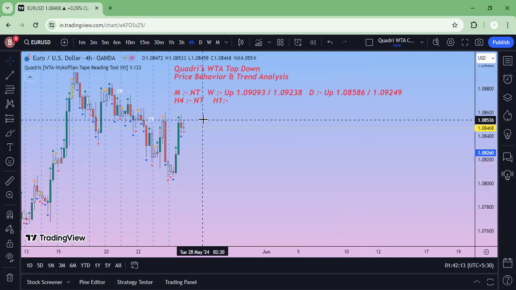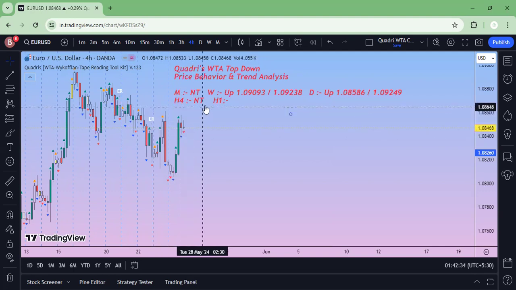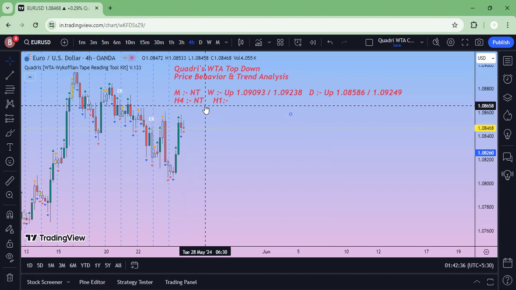Though here, what I have little concern about is price. We had at least a pure 4 hour time frame, a 4 hour time for this particular tape to complete, but we haven't reached till this point.